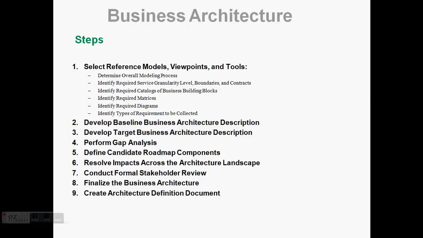And also process modeling, that is a breakdown of a function or business service through process modeling that allows the elements of the process to be identified.